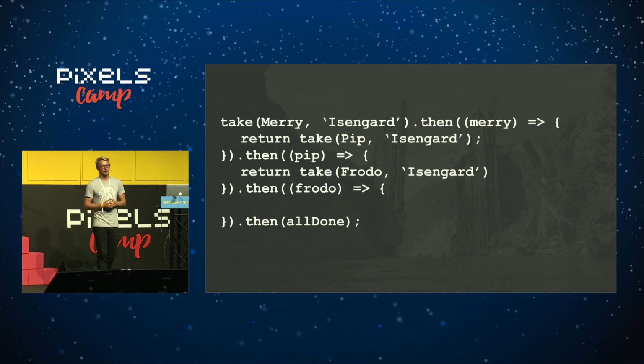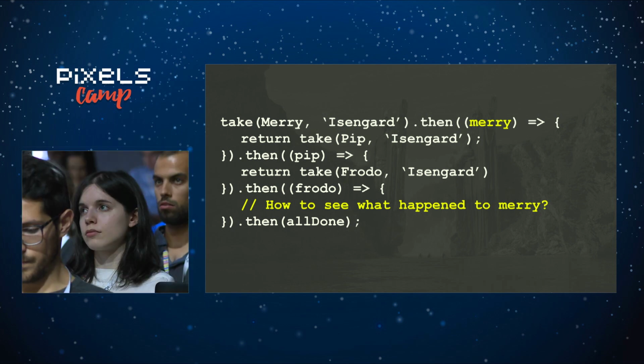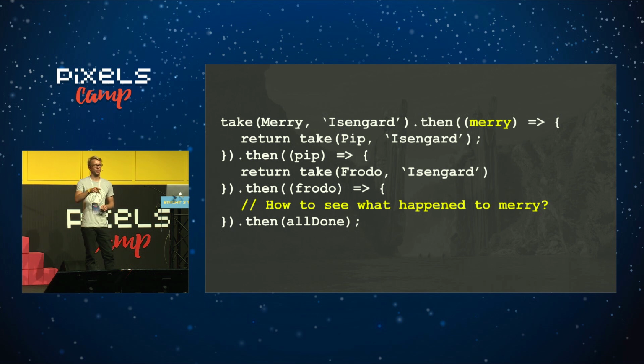The only problem that developers come across when they try to do this is how to access the things that were returned in the first promise. Like in this example, in the last promise when we take Frodo to Isengard, how do we see what happened to Merry, who was the first hobbit in line to be taken?